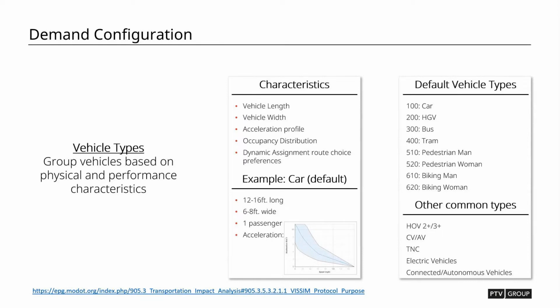Or maybe you want to subdivide your HGV, your heavy goods vehicles, from all commercial heavy goods vehicles to those that are over 10,000 pounds versus under 10,000 pounds, because maybe there's a weight restriction on a bridge or an overpass. So you can always subdivide these default vehicle types into more specific vehicle types for purposes down the road.